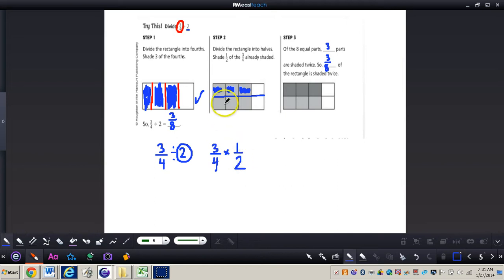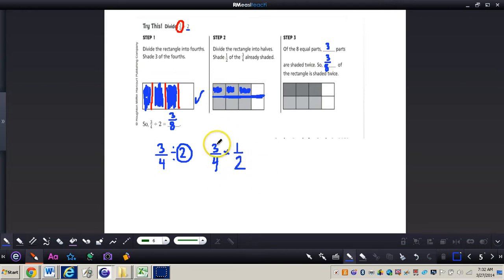So we divide my 3/4 into a half. Then we shade in a half of my 3/4, and that's why we're doing this, because we're now multiplying this 3/4 by 1/2.